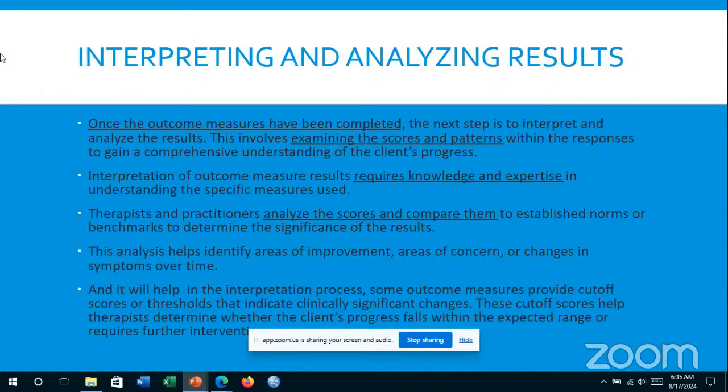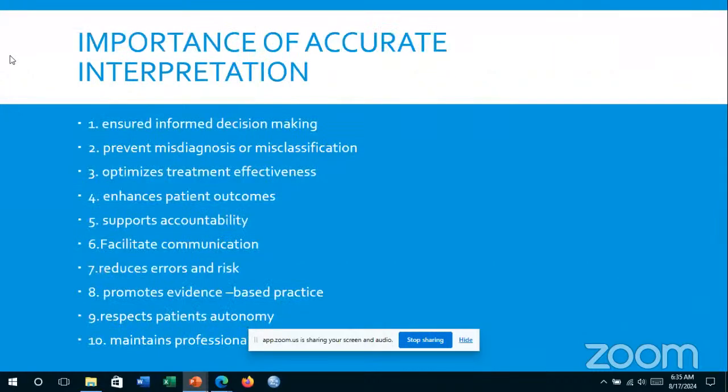The importance of accurate interpretation is that we want to ensure informed decision making, to help us make decisions that will bring further improvement, and it will help in optimizing treatment with accountability. It will enhance the patient's outcomes. It will facilitate communication.